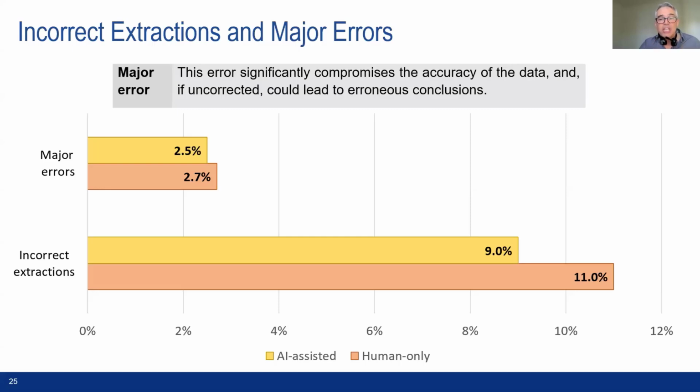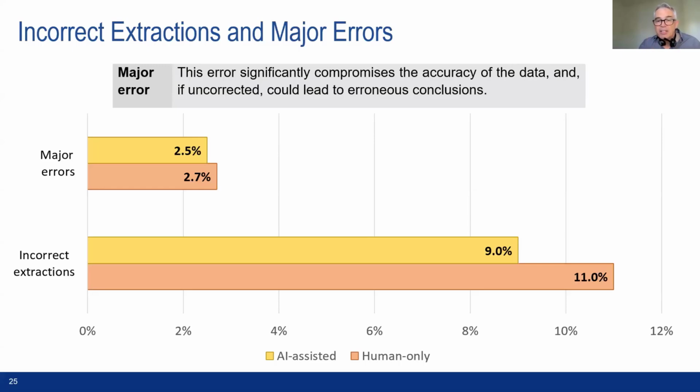The proportion of major errors was almost the same between the 2 methods, 2.5% versus 2.7%. However, when considering all incorrect extractions, the AI-assisted approach again performed slightly better with 9% versus 11% for the humans.